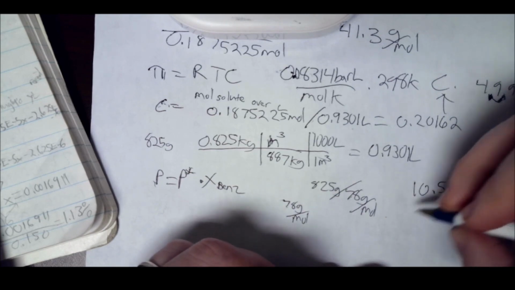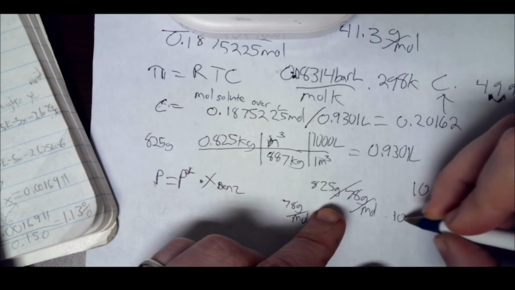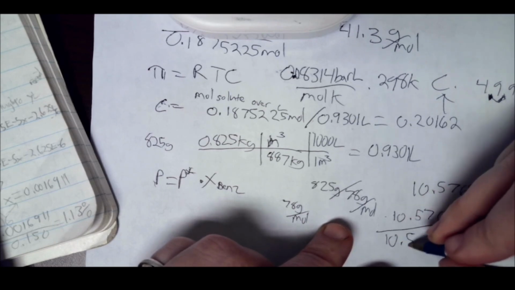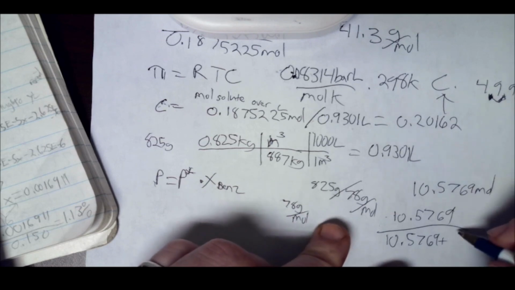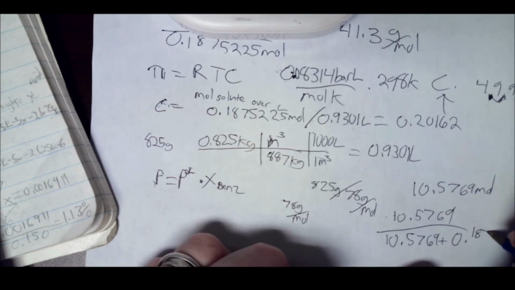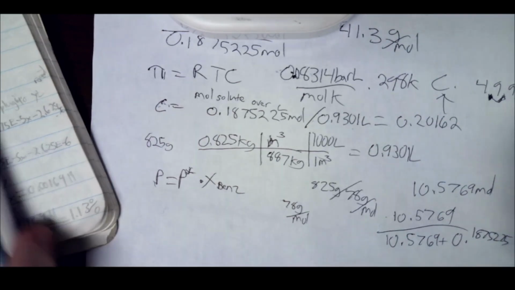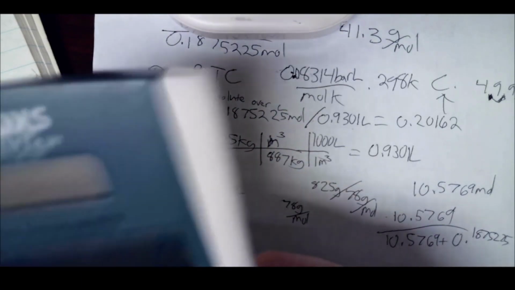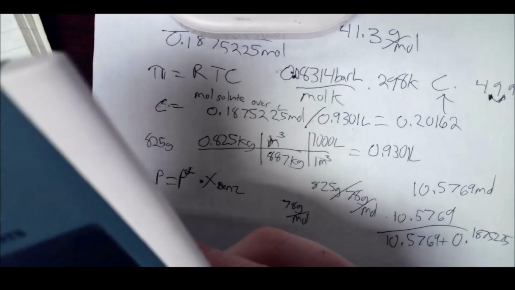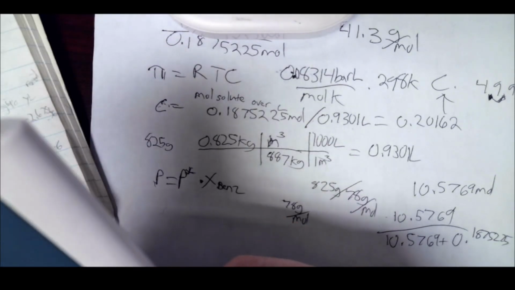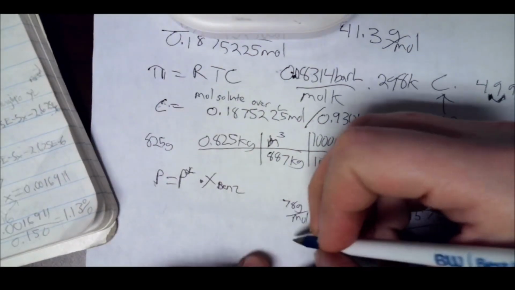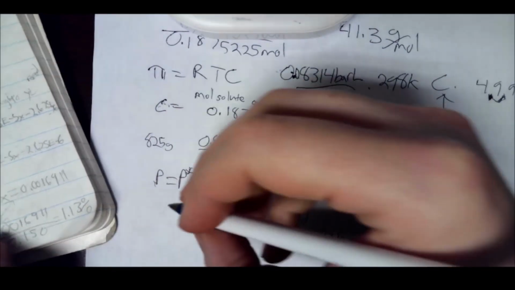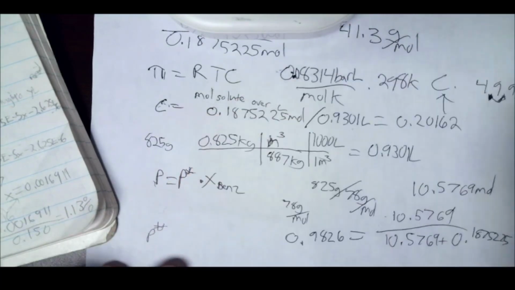So the mole fraction would be 10.5769 over 10.5769 plus our original moles of 0.1875225. Our mole fraction is something like 0.9826.